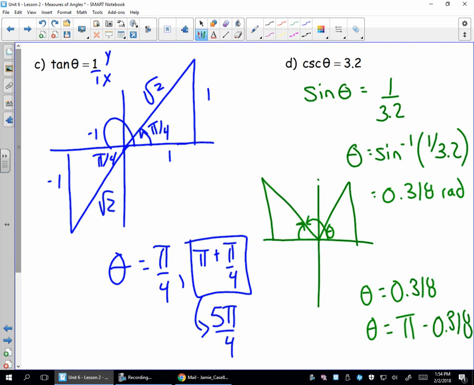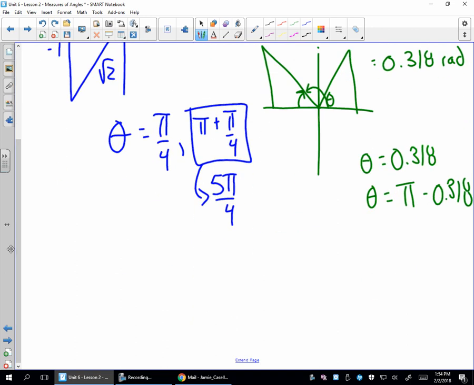Now pi, because I'm using decimals, has to be my decimal version of pi, 3.14. So I put that in my calculator and I get 2.82 radians.